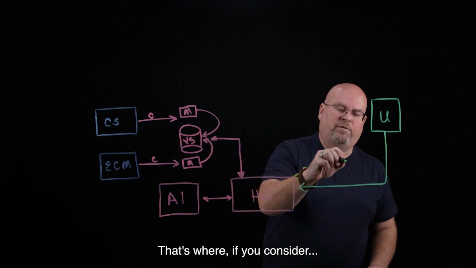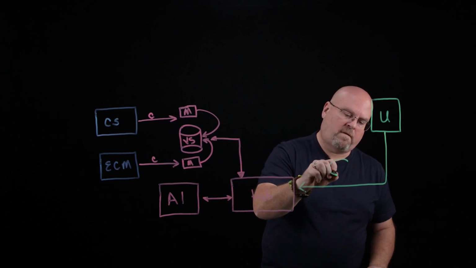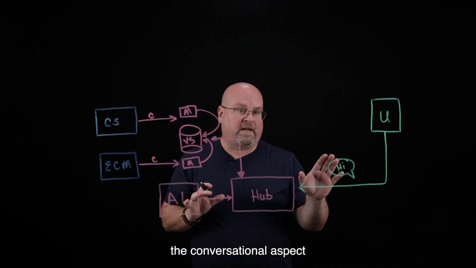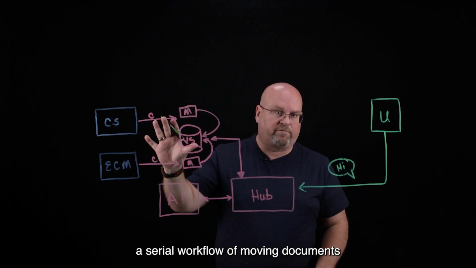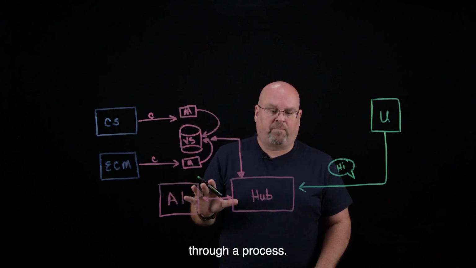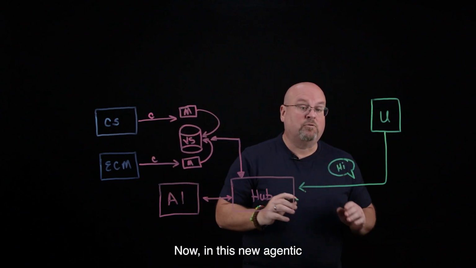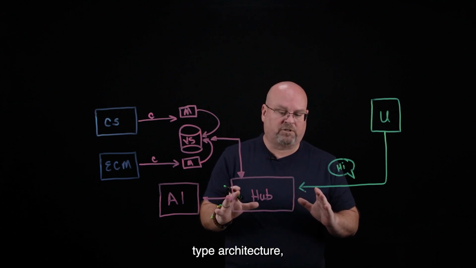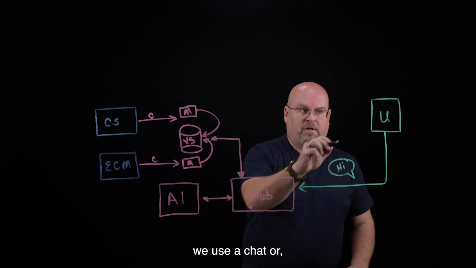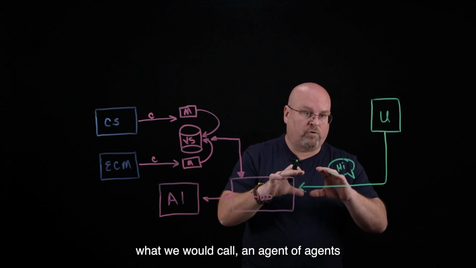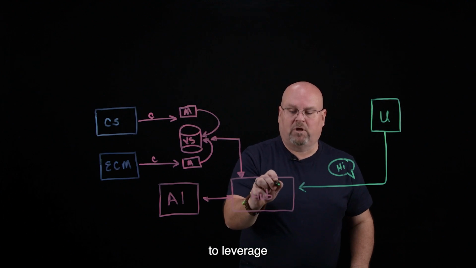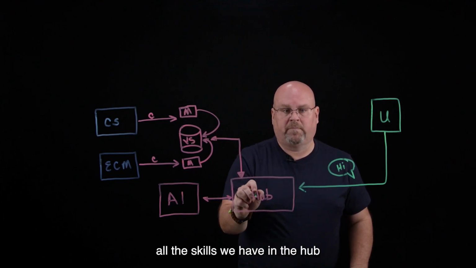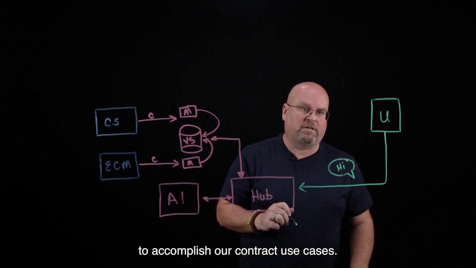That's where, if you consider the conversational aspect of what previously was probably a serial workflow of moving documents through a process, now in this new agentic type architecture, we use a chat or what we would call an agent of agents to leverage all the skills we have in the hub to accomplish our contract use cases.